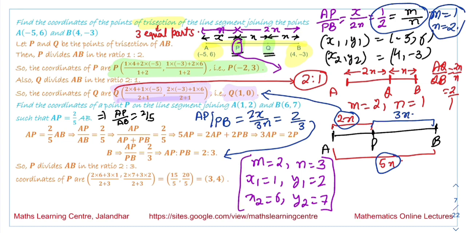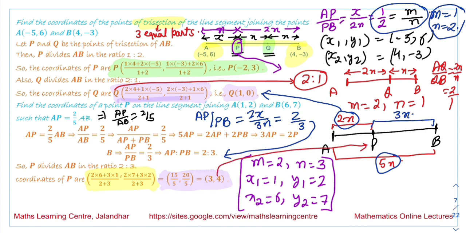So substituting these values in the formula, and on solving this we will get the coordinates of the point P as 3, 4.